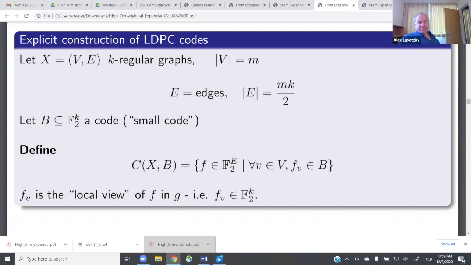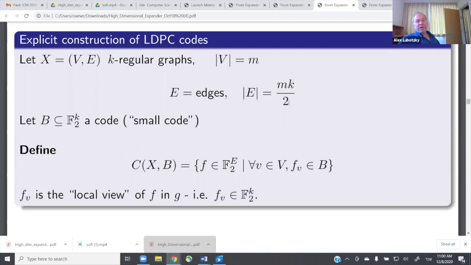Okay, let X again be a k-regular graph, but now you'll see in a minute why I want the number of vertices V to be M, not N, and the number of edges, which will be N, is M times k over 2.